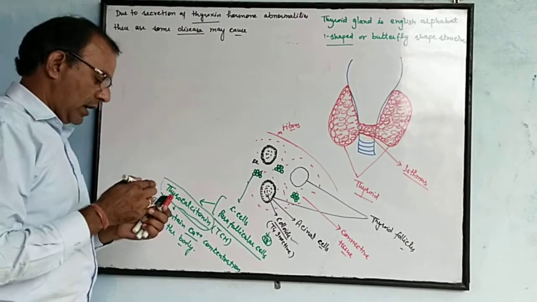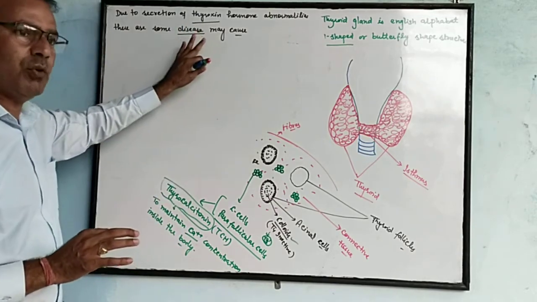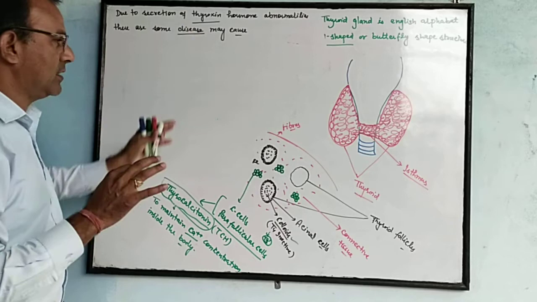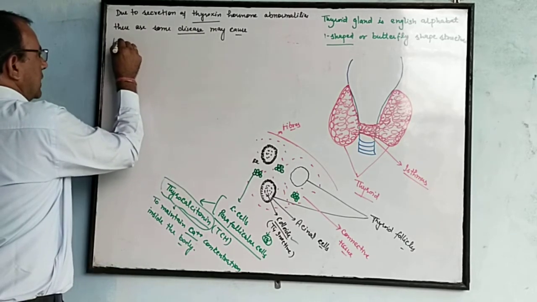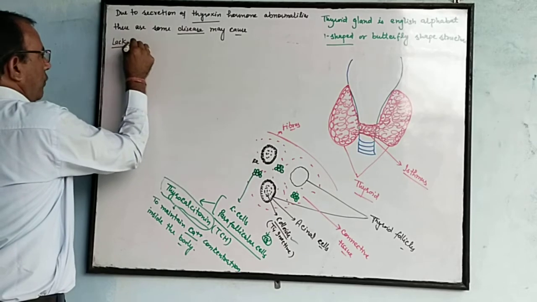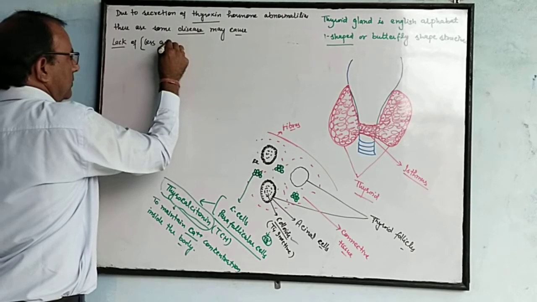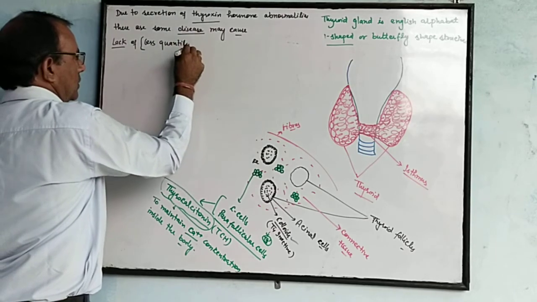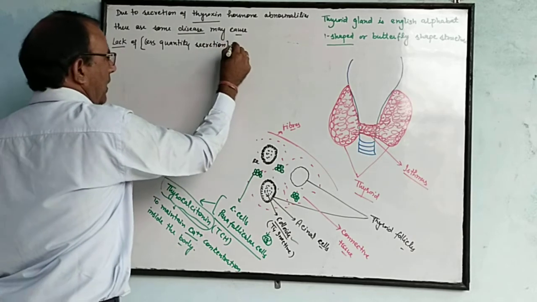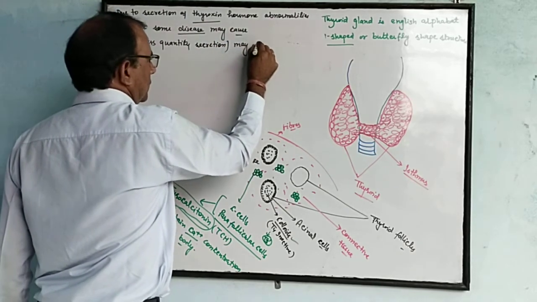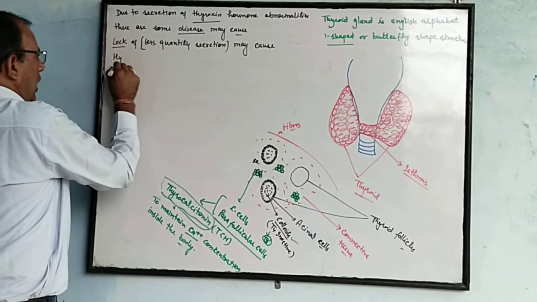But if the amount of iodine becomes less, the secretion of thyroxine is also less. If the thyroxine is less, the condition is called lack of quantity, or you can say less secretion, which may cause hypothyroidism.